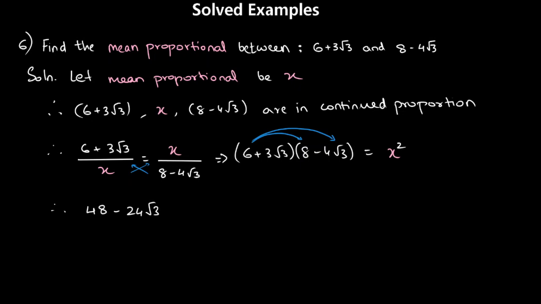Next I would have to multiply 3 root 3 into 8 and 3 root 3 into minus 4 root 3. So 3 root 3 into 8 is plus 24 root 3, and 3 root 3 into minus 4 root 3 will make it minus 36, since 3 into 4 is 12, and root 3 into root 3 is 3, so 12 into 3. And this is equal to x squared.